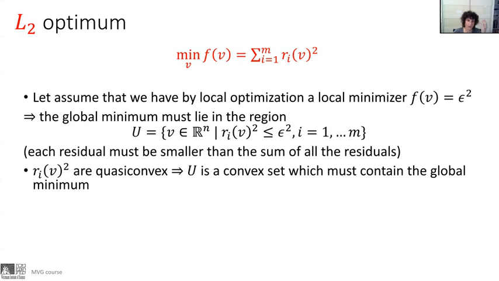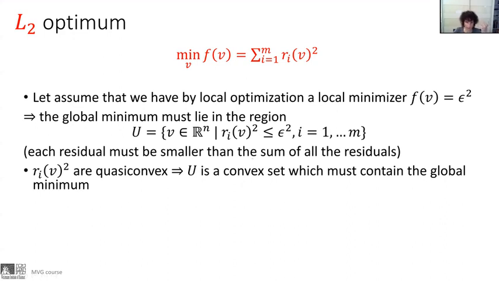Because we know that these functions are quasi-convex. And since they are quasi-convex, the sub-level sets that we have from here are also convex. So therefore, the intersection is also convex. So it means that the global minimum resides in a convex set, okay?